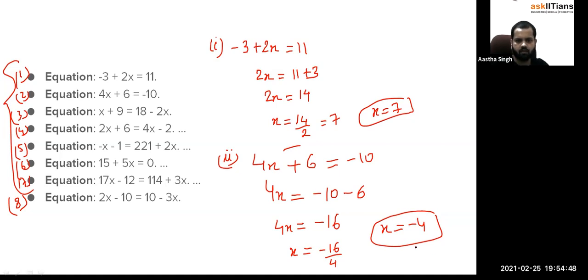So the third question was x plus 9 is equal to 18 minus 2x, right? So make the variable on one side and the constant on the other side. This is the rule.